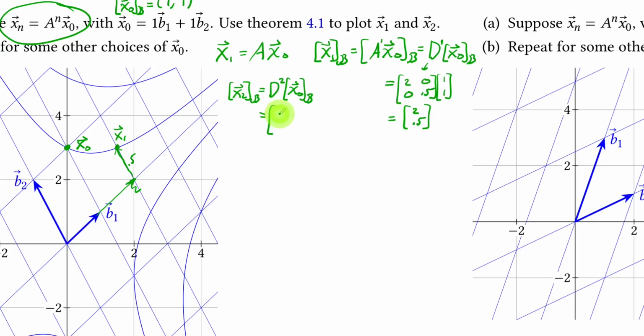So in other words, that's just going to be this diagonal matrix D times (2, 0.5). That will be (4, 0.25). So that means we're now doing 4 times B1, which is over here, plus 0.25, a quarter of B2, which puts you right here. So this vector is x2.